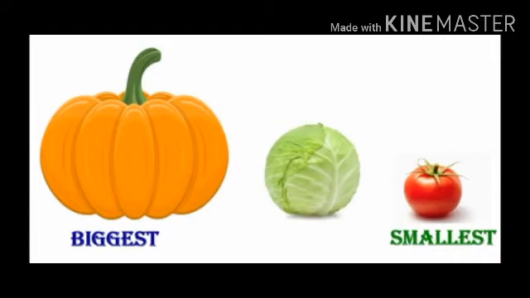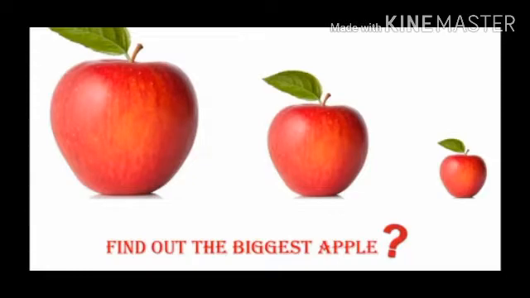Very good. Now answer my question. Find out the biggest apple. It is the first one, the second one, the third one. Which is the biggest apple? Very good. The first apple is the biggest apple.